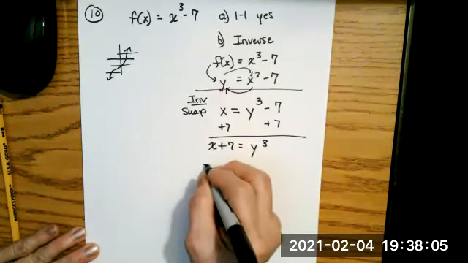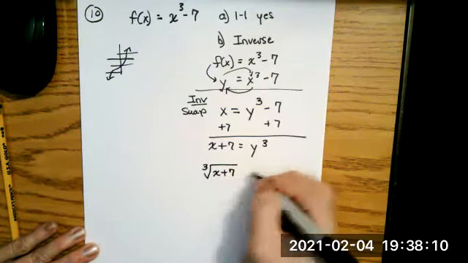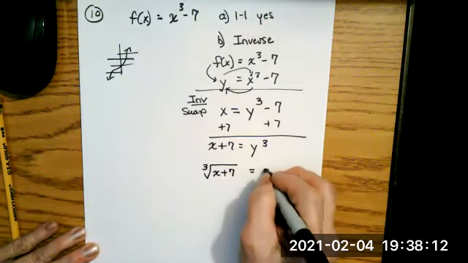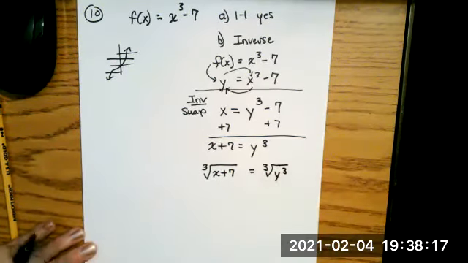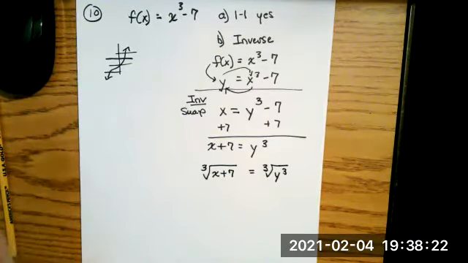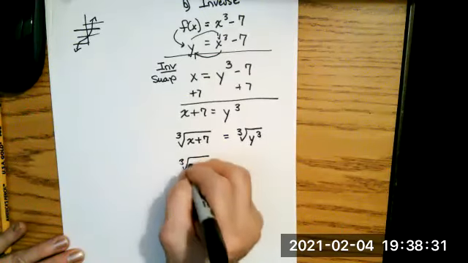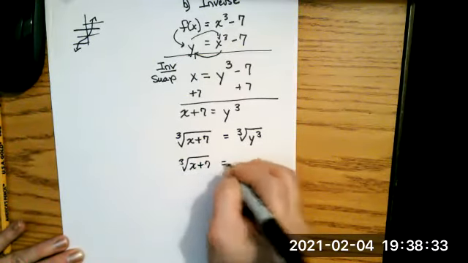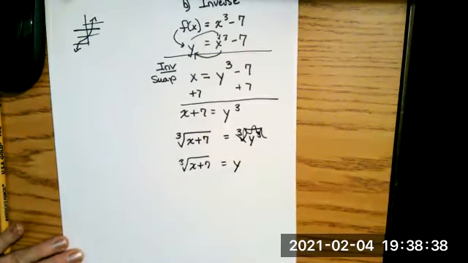So what I'm going to do is take the cube root of x plus 7 equals the cube root of y cubed. Now, the cube root of x plus 7 we can't do anything with. We'll just have to leave it there. And over here, this is going to erase each other, and all I have is y.